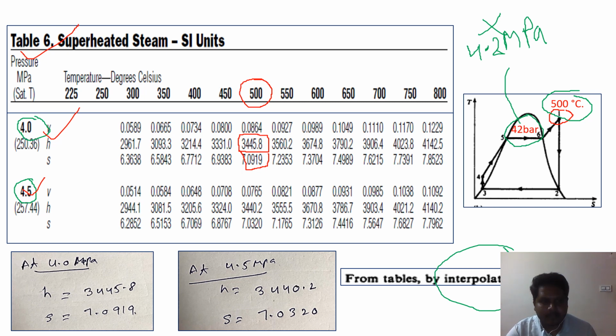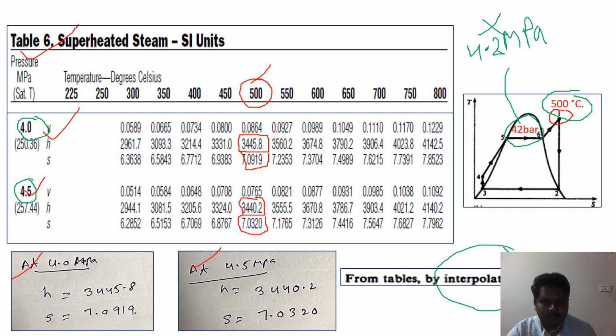Same way, at 4.5 megapascal we take the enthalpy and entropy values at 500 degrees centigrade. The enthalpy value at 4.5 megapascal is 3440.2 and the entropy value at 4.5 megapascal is 7.0320.